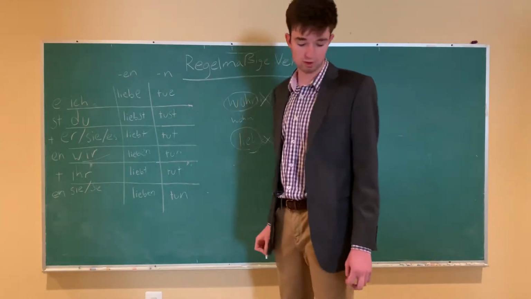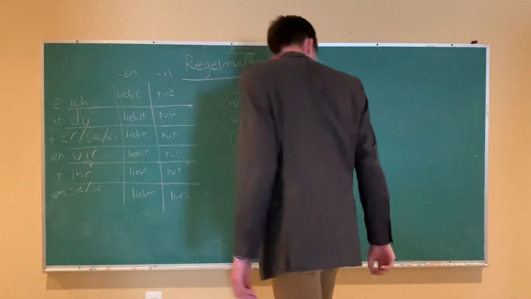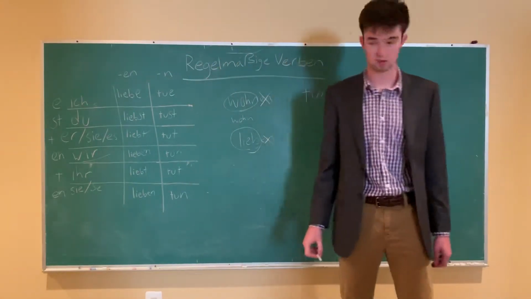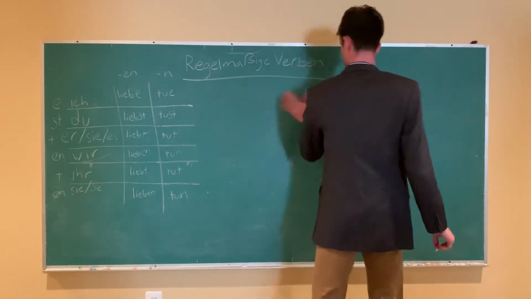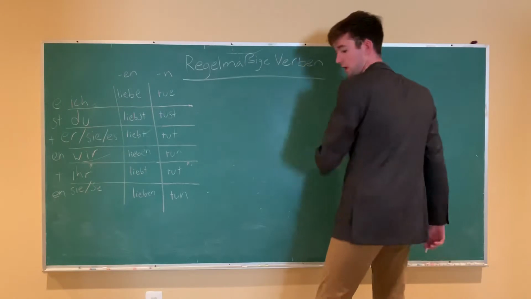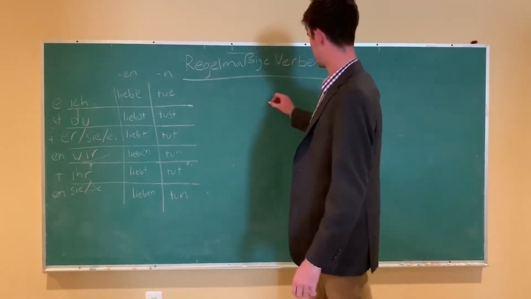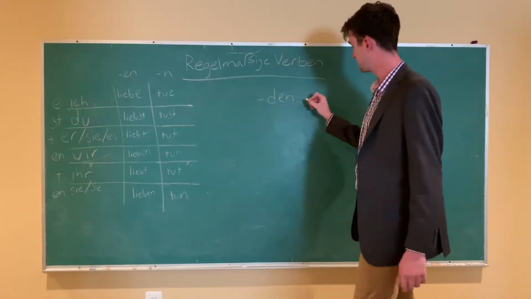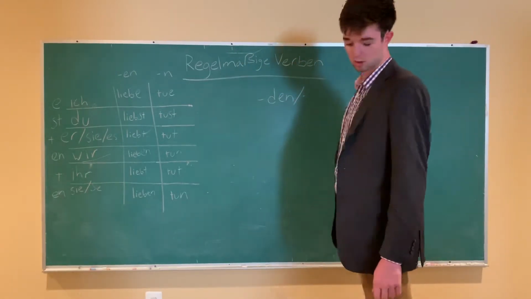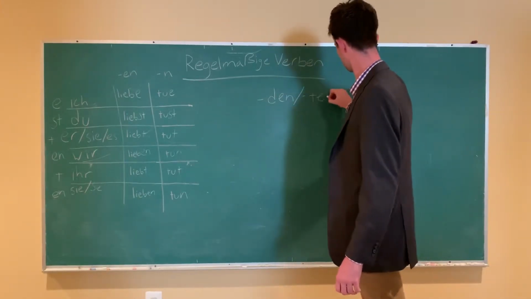But I'm going to go over now a few exceptions. So, hold on, let me erase this real quick, if I can find my handy-dandy eraser. That'll work too. So the first exception we're going to go over is verbs that end in den, D-E-N, or verbs that end in T-E-N.